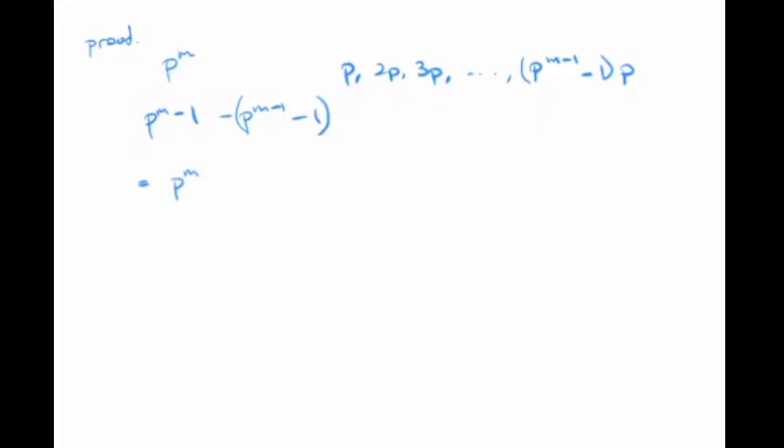So then there's P to the M minus P to the M minus 1 numbers that are relatively prime, or basically the totient of P to the M is P to the M minus P to the M minus 1, or this is P to the M times P minus 1 over P.